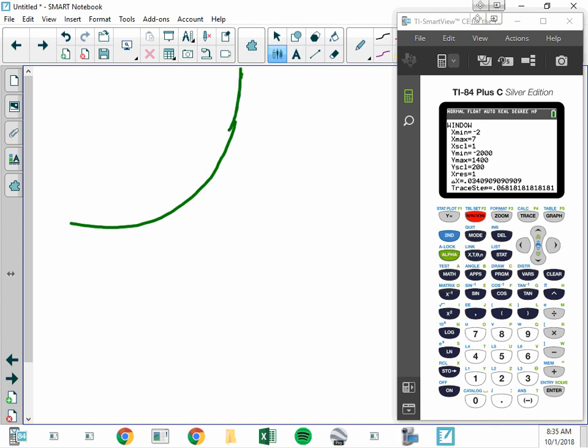Or if you like dotted graphs, you could make your delta x really big, and then it will graph a parabola in dots. And then the same thing with the trace steps. When you push trace and you're moving the cursor, how far do you want it to move each time you push the arrow? And you can change those, but there's really no reason to mess with delta x and trace steps.